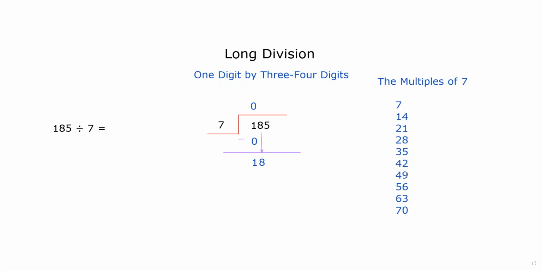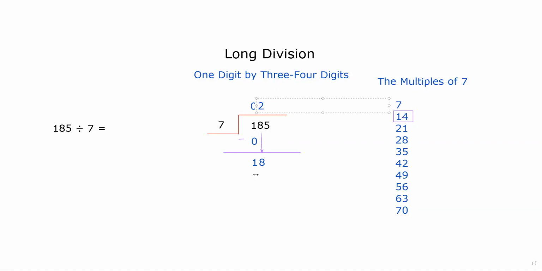So it will be 14, right? Why am I not able to choose 21? Because 21 is greater than 18, so we cannot choose it. So we're going to have to choose 14. So as you can see, 14 is the second number. So I'll write 2.